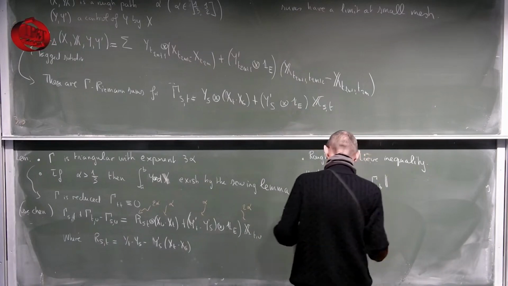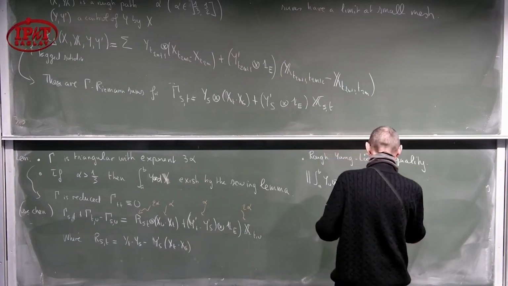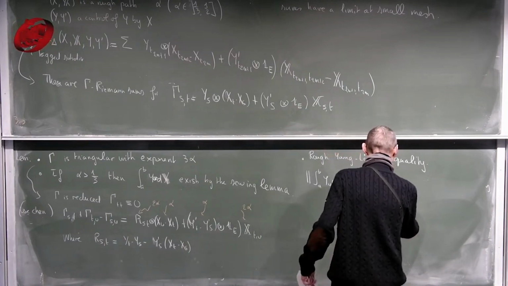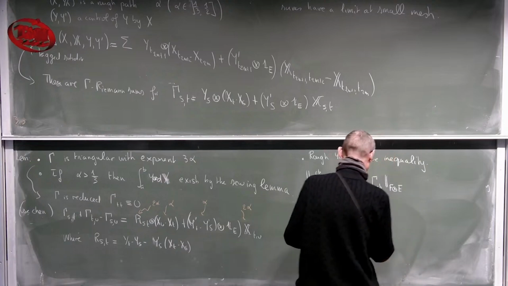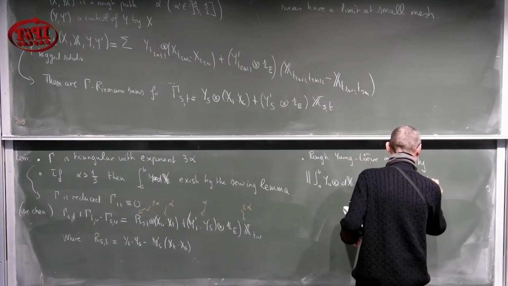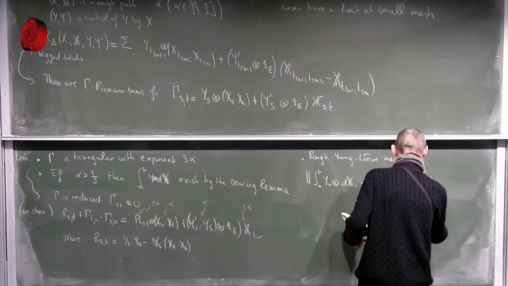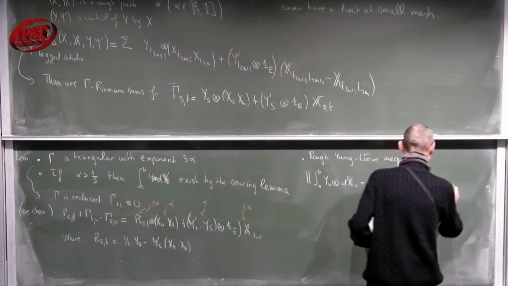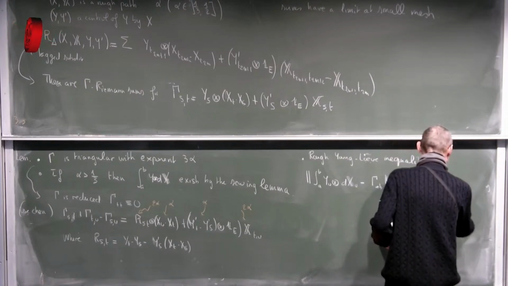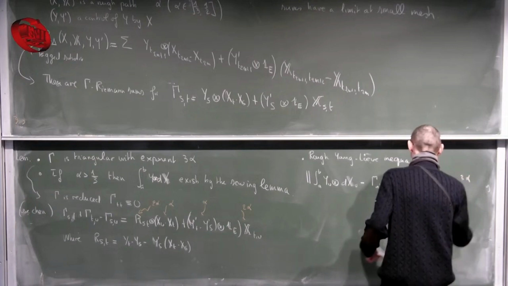The norm, the appropriate norm on the tensor product F tensor E, is less than or equal to K divided by 1 minus 2 to the power 1 minus 3 alpha, times (b minus a) to the 3 alpha.